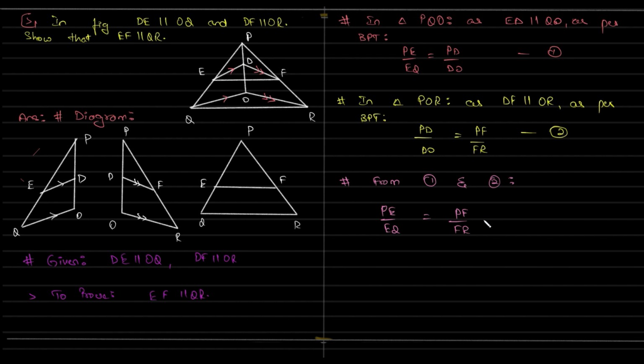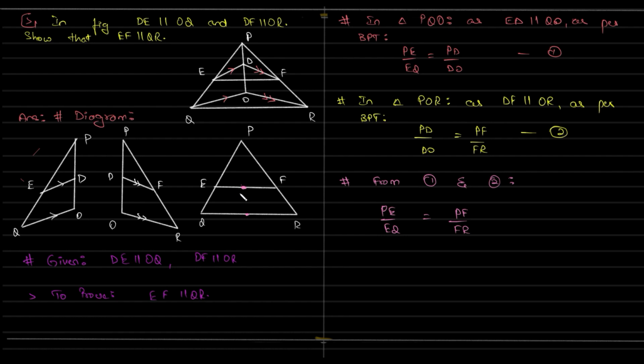Now let's actually think about the question. We have to show that EF is parallel to QR. Which theorem helps us with this? Converse of BPT. What does converse of BPT tell?